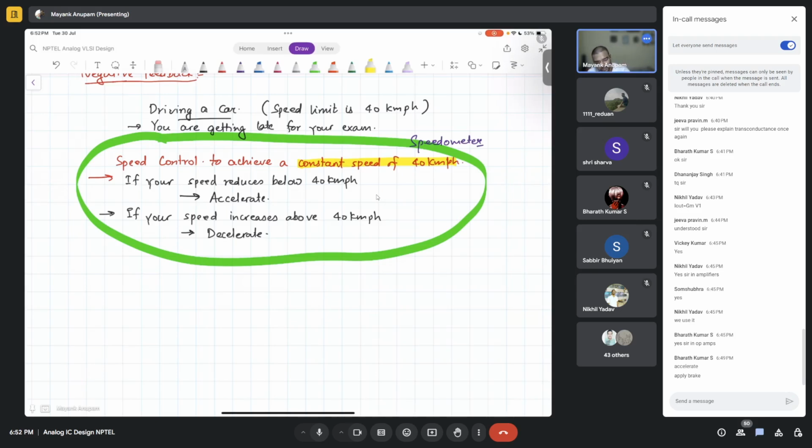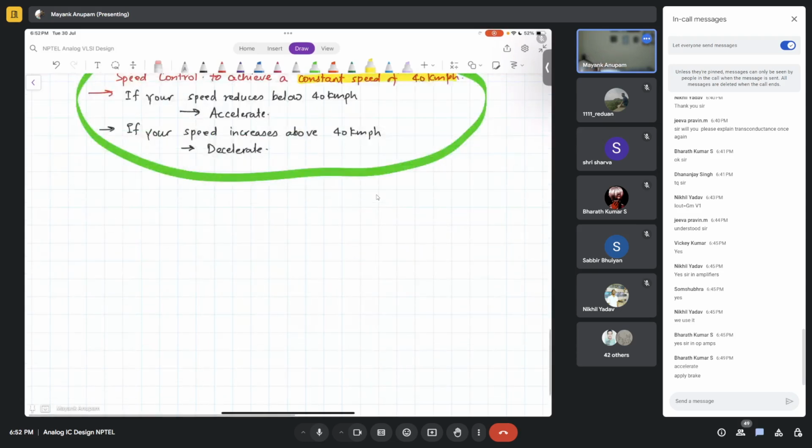You are sensing the output speed by using a speedometer, and using that information. What is the other information that you have? You know that you want to achieve a constant speed of 40 kilometers per hour.